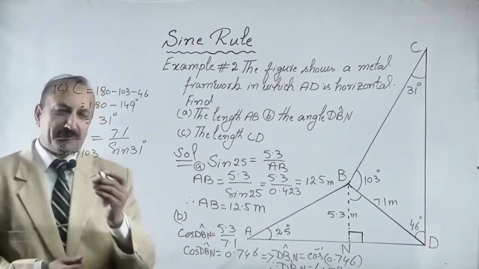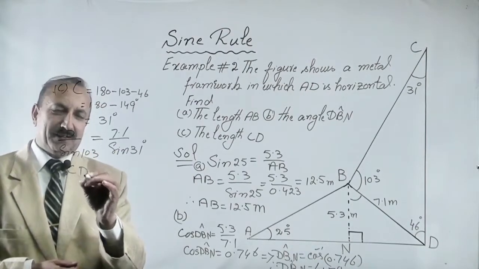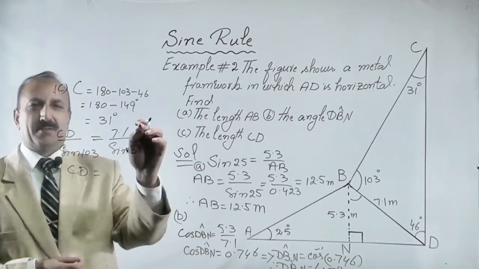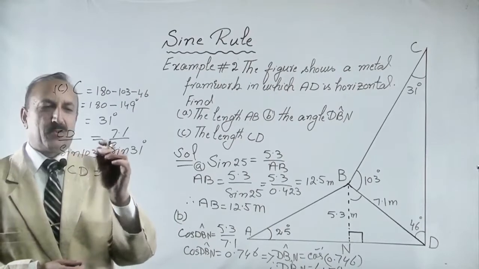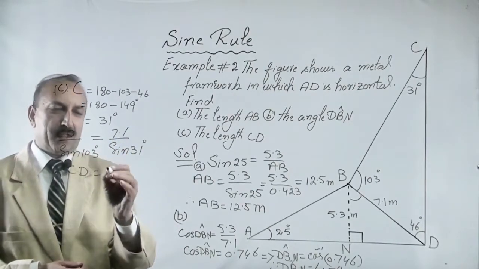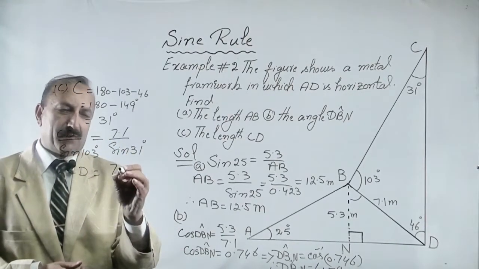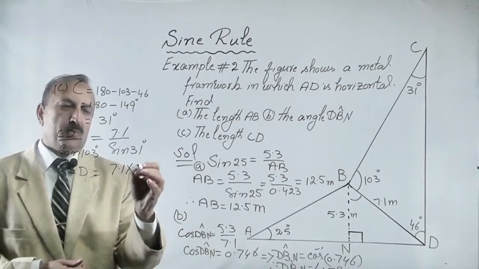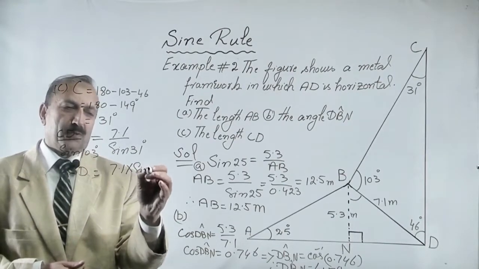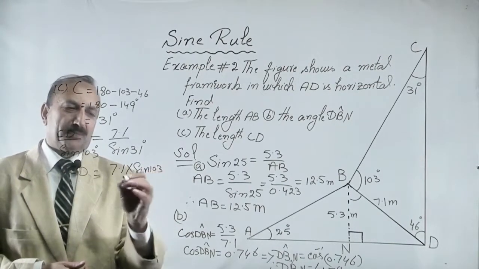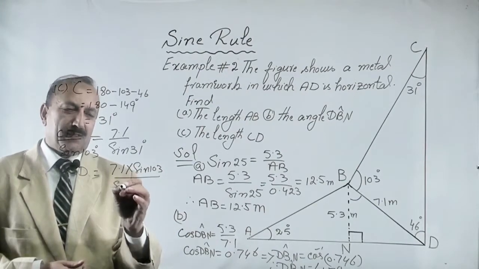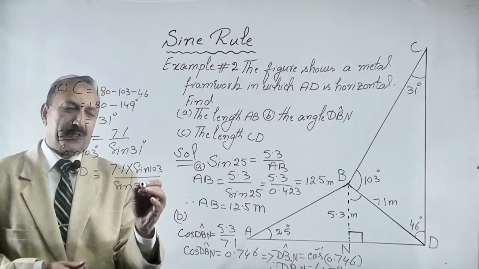Now to find CD, cross multiply this function to the other side, sine of 103 to the other side. So we will get 7.1 into sine of 103 divided by sine of 31 degrees.